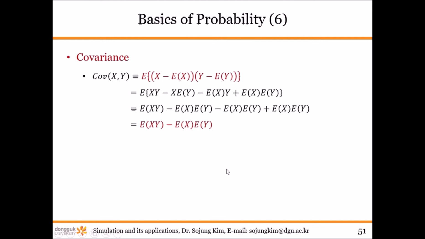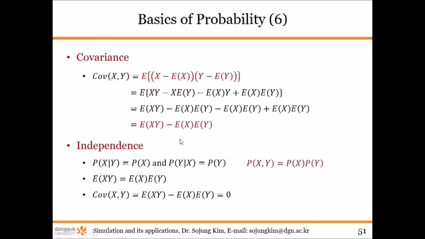And covariance is given by this equation. So basically, if x and y are related to each other, we use covariance to check the independence between the two variables x and y. So if x and y are independent, then what? This covariance becomes 0. Okay? Why?